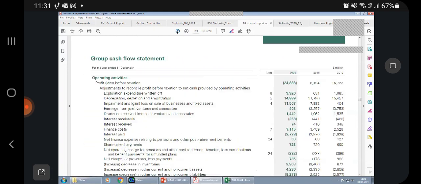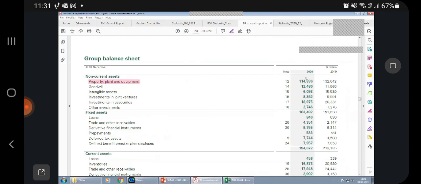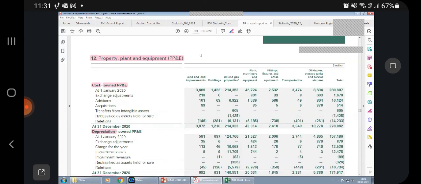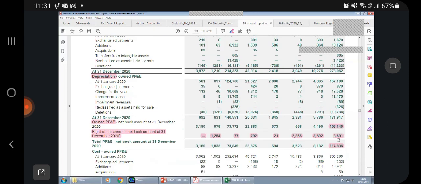Here, okay, 114 billion, of which now we know 8.6 of right of use asset, and the remaining part, 106 property, plant and equipment owned by the company. Is this clear for everybody? Any questions?